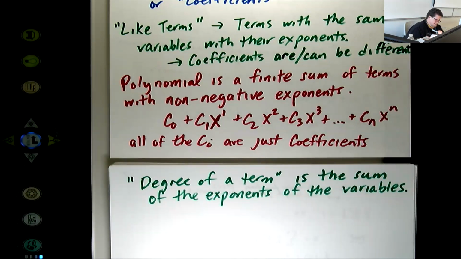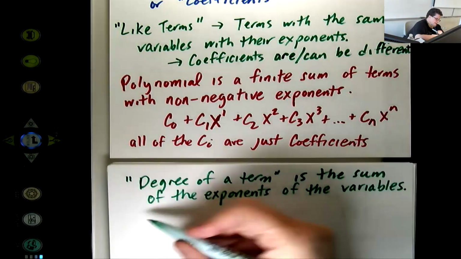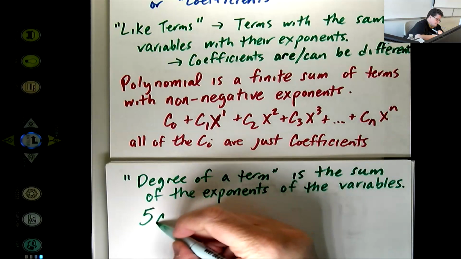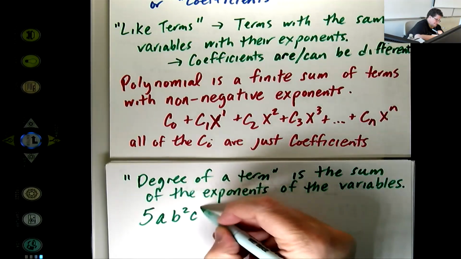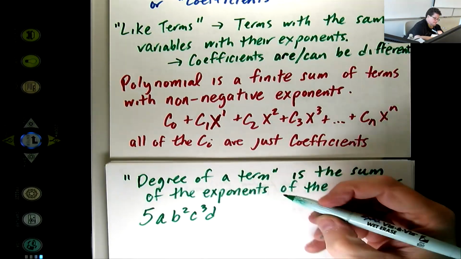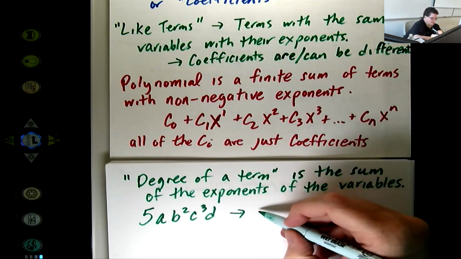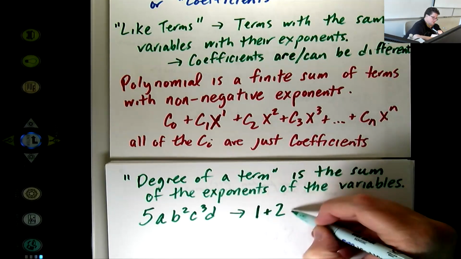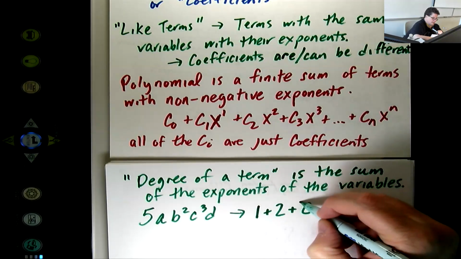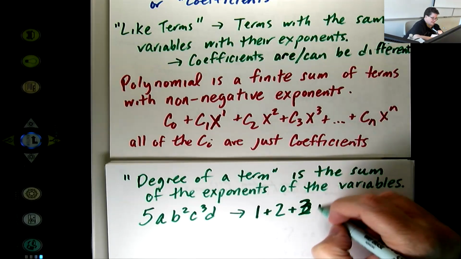Laughing. Alright, so if I've got 5ab squared c cubed d, the degree on this term: the a has a 1, the b has a 2, the c has a 3, and the d has another 1.